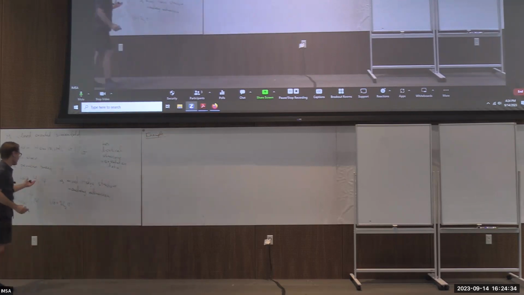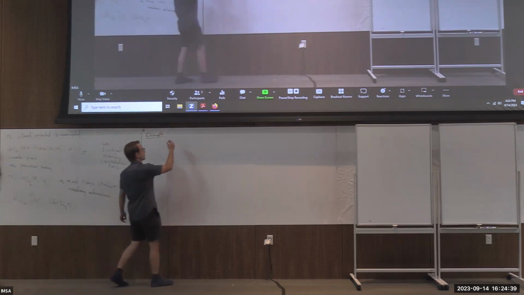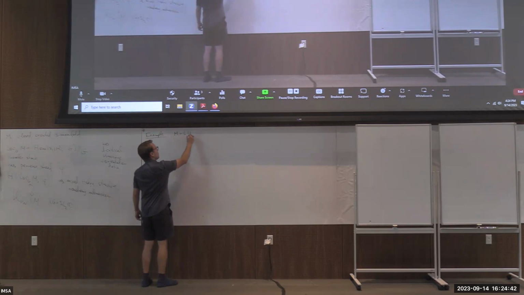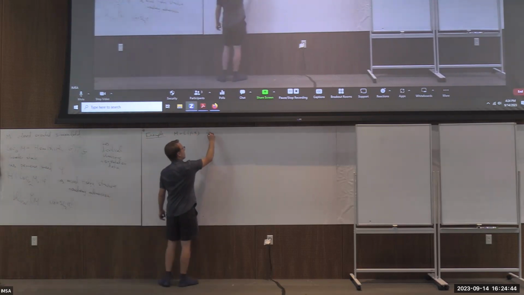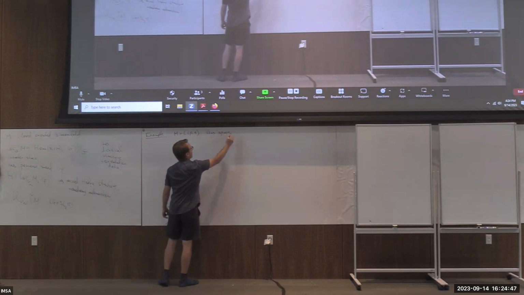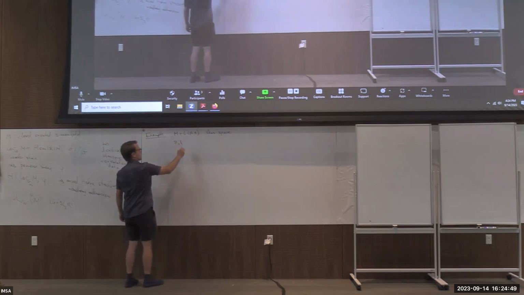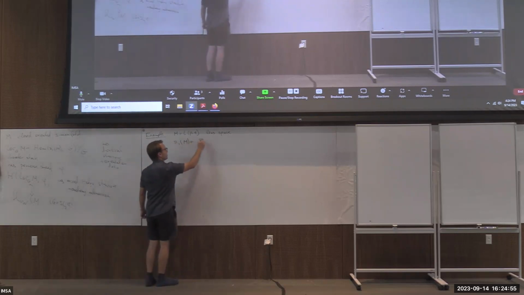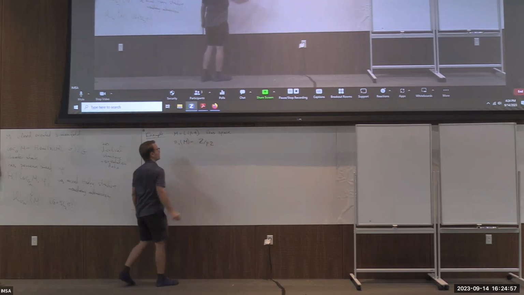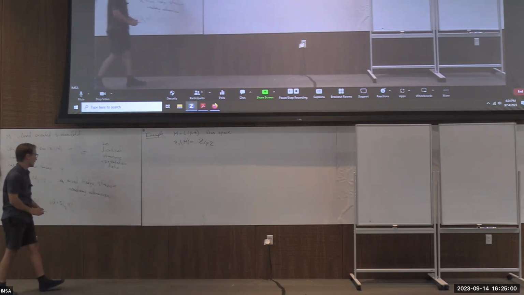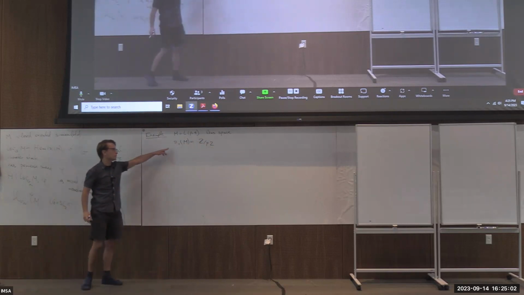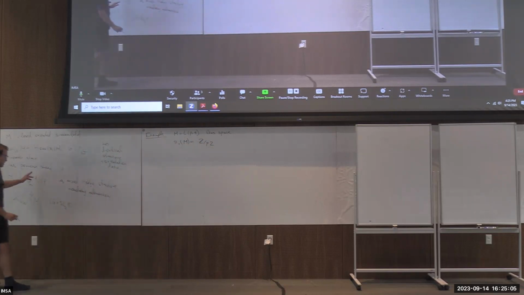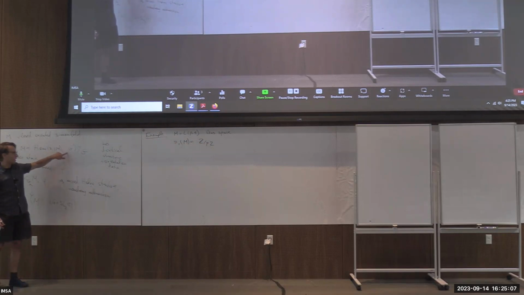Probably one of the simplest examples of 3-manifolds is lens space, closed oriented 3-manifolds with fundamental group cyclic group Z over P. So you can see that if you want to understand the character stack, you're looking at order P elements in G after conjugation.